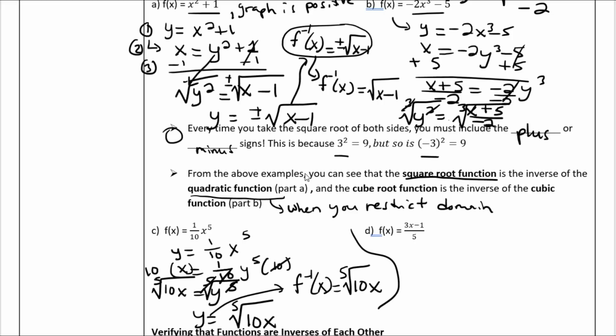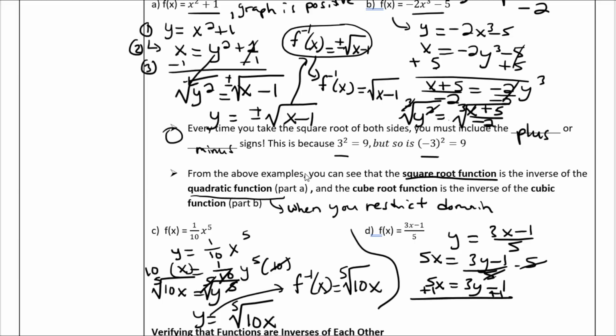All right, so now we're going to look at this guy. y equals 3x minus 1 over 5. Swap x and y. Now you've got to multiply both sides by 5 to get rid of that guy because it's dividing. Now you've got to add 1 to the other side. So we got 3y equals 5x plus 1.